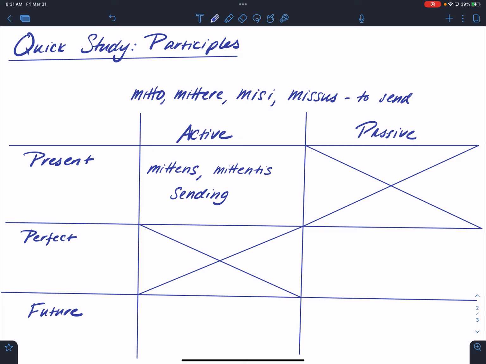Yeah. Okay, so the form was a fourth principal part plus some form of the verb to be. Okay, so our fourth principal part is missus, right? And that gives us essentially our perfect passive.